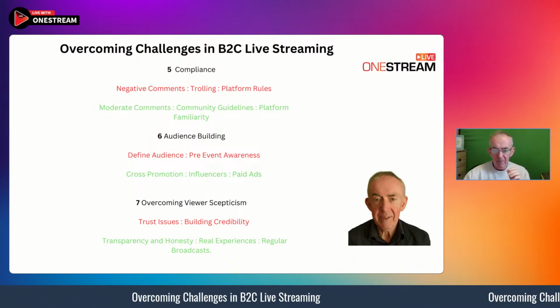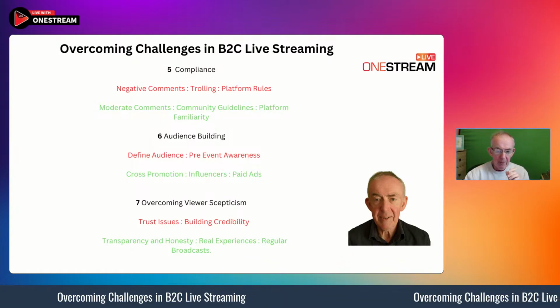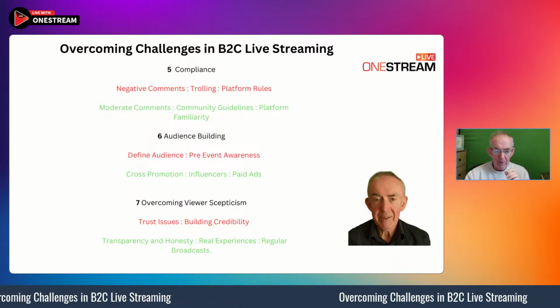Now, in terms of audience building, there are two main ways that you can build an audience. One is obviously, plaster it everywhere, basically broadcast everywhere you can. The second thing is to interview people and bring in influencers. There are people who over the last 9 years have become well known in live broadcasting.